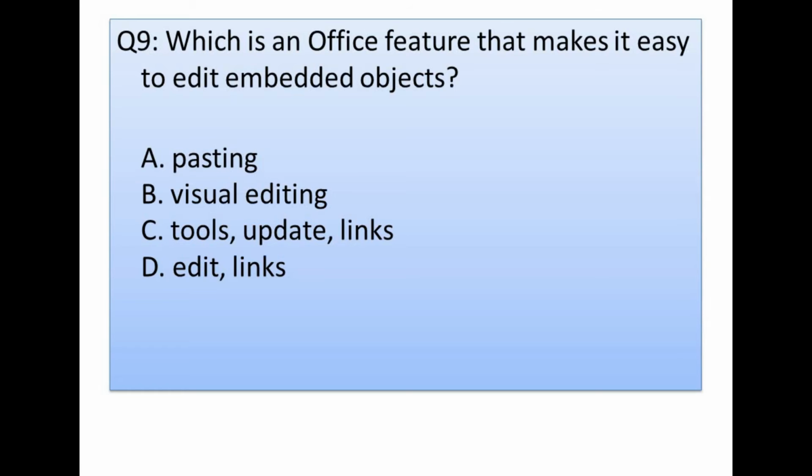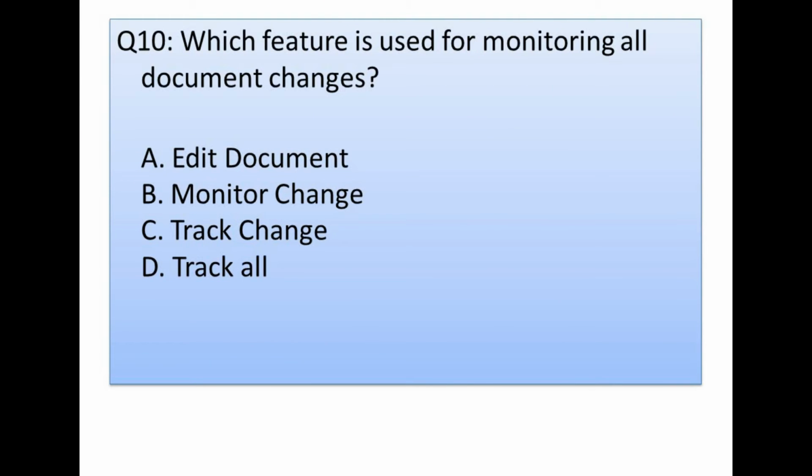Which is an Office feature that makes it easy to edit embedded objects? Pasting, Visual Editing, Tools, Update Links, Edit Links. So the correct option is B. Which feature is used for monitoring all document changes? Edit Document, Monitor Change, Track All.